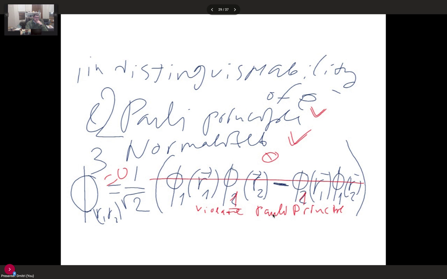In the second term, we keep the same order of electrons, R1, R2, but we swap the order of wave functions. So the first electron occupies wave function number 2, and the second electron occupies wave function number 1.